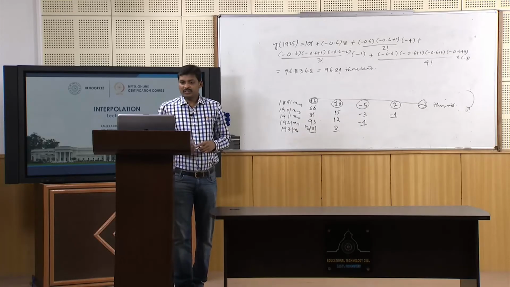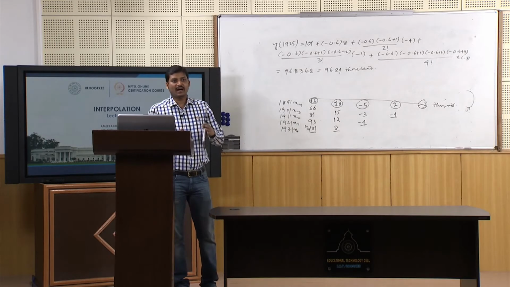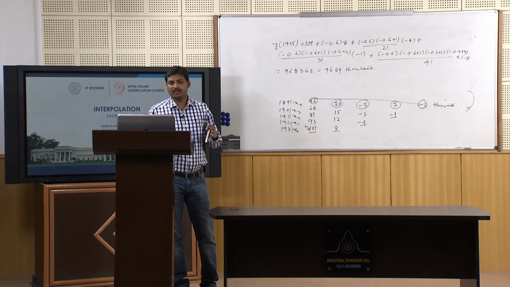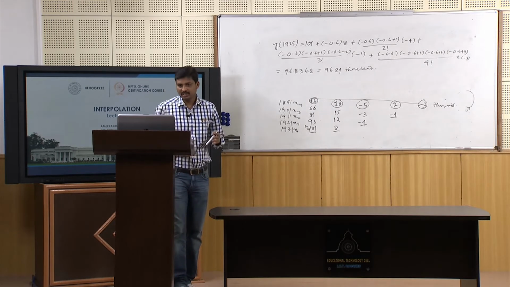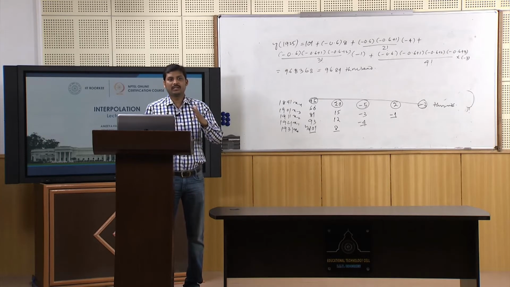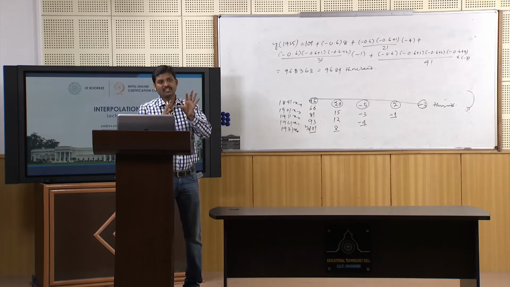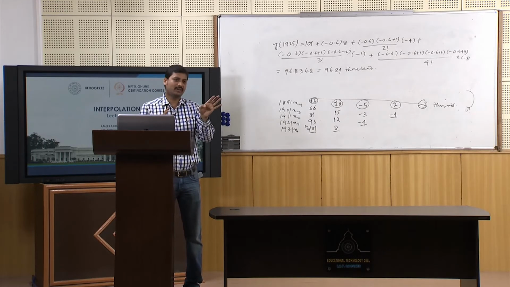Next we will go for extrapolation, since sometimes we find that the value lies outside the table, which is basically called extrapolation. It is the process of finding values outside the table: by considering all the data existing in the tabular values, we can find the preceding or succeeding values.